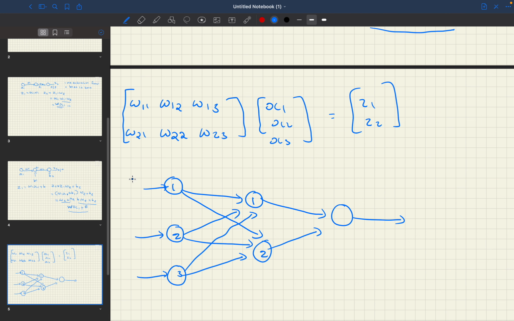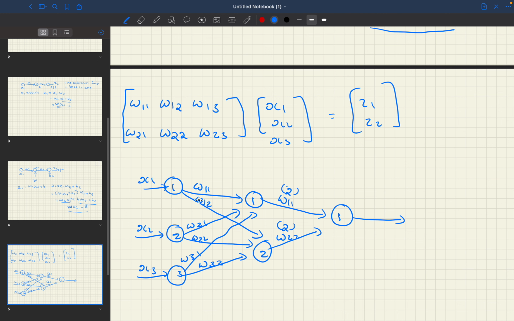Here we have X1, X2 and X3. This will be weight W11, this will be W12, here the weight will be W21, here it is W22, W31, W32. This is W11, this is W22. This is layer 2.